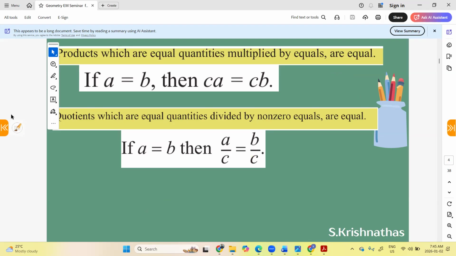Now we can go to the theorems, students. The first theorem. What is the first theorem?